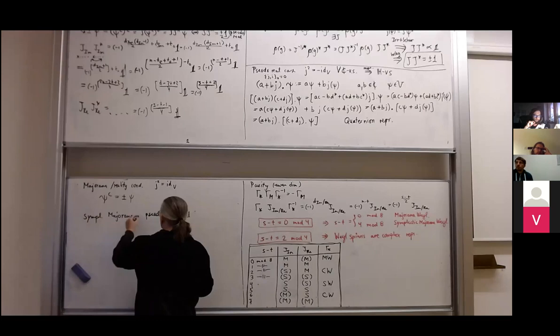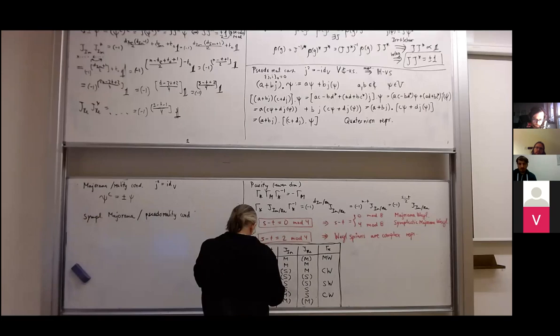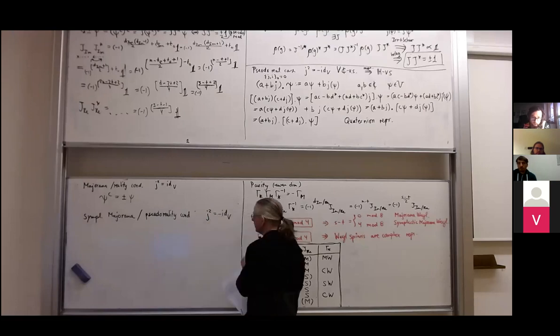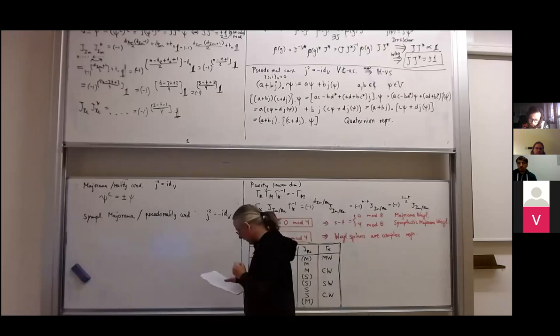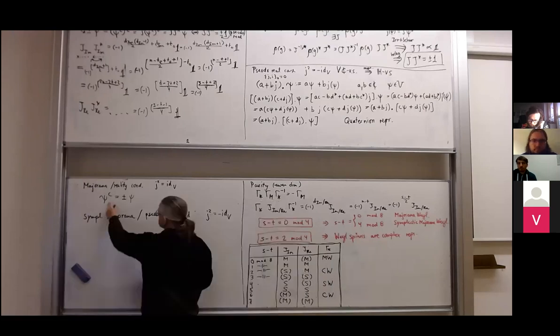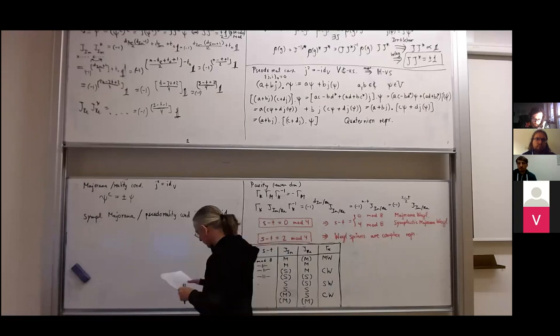And in this case, there we have something that squares to minus the identity on V. And it does not make sense to impose something like this condition here.